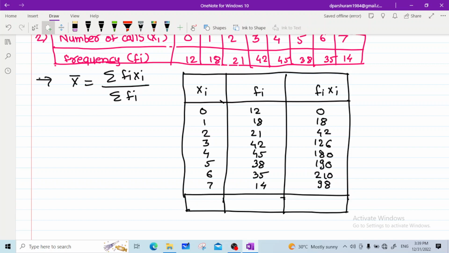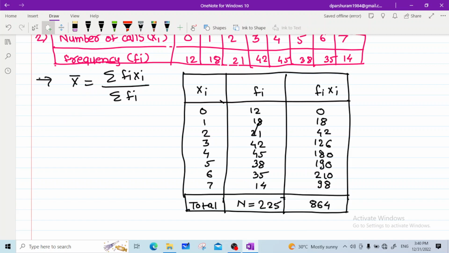Here we write the total of these fi, that is 12 plus 18 plus 21 plus 42 plus 45 plus 38 plus 35 plus 40, which is 225, that is capital N is equal to 225, and the total of these fi xi is 864.